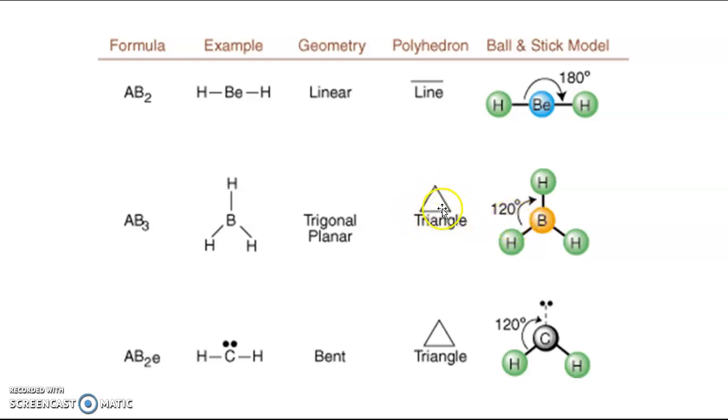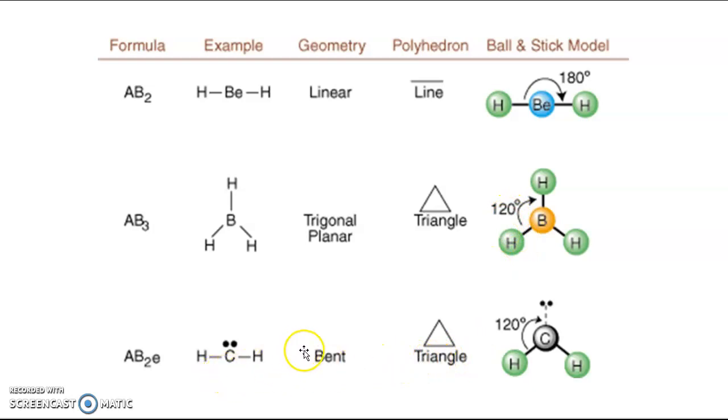In the case of the trigonal planar, the form of the molecule is a triangle. In the center of this triangle, we have the central atom, and then the three ones in the angles of the triangle. The bond angle is 120.